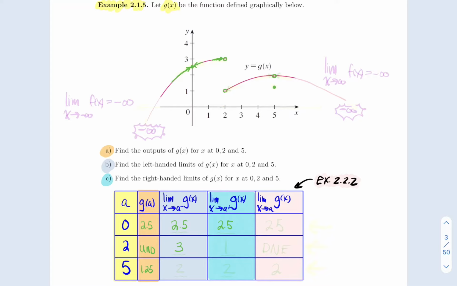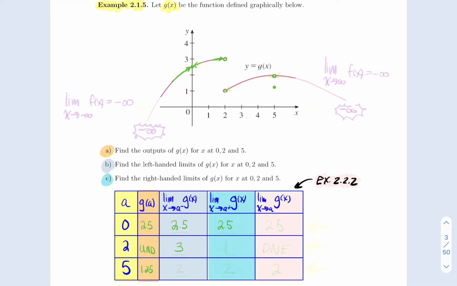Limits are like this tool that allows us to capture that white dot, because of course if you evaluate the function, there's nothing, it's undefined. But as you're using inputs close to 2, like 1.9, 1.99, you're going to get outputs that are very, very close to 3 and getting closer and closer to 3.